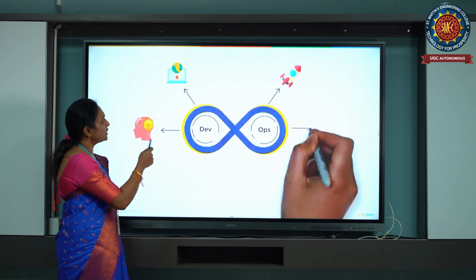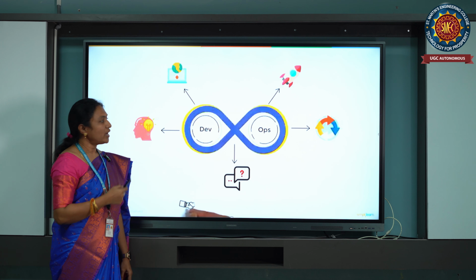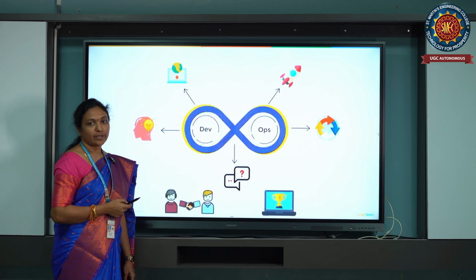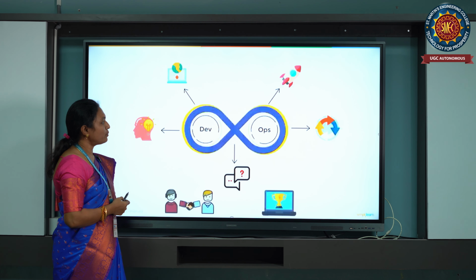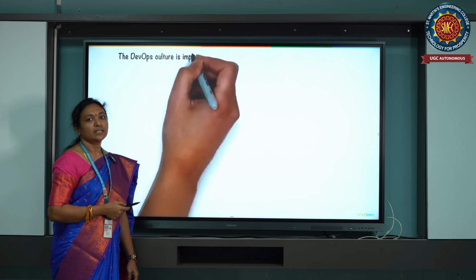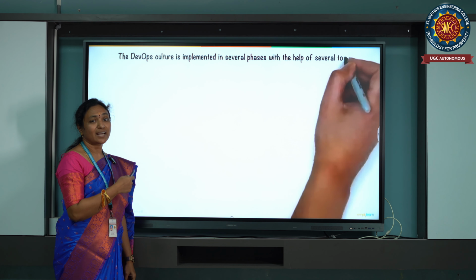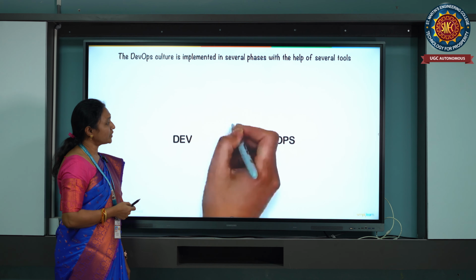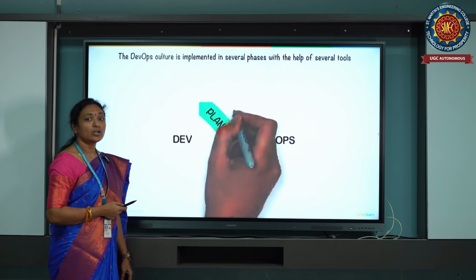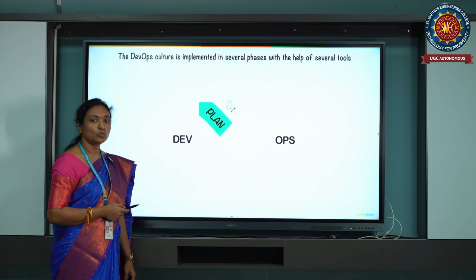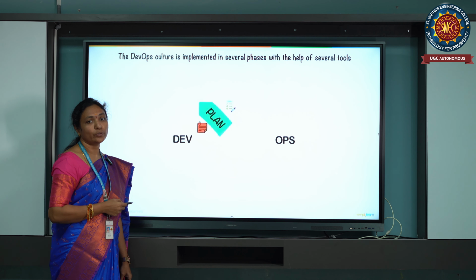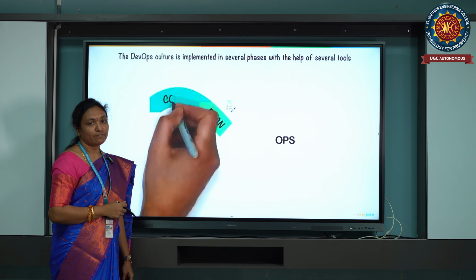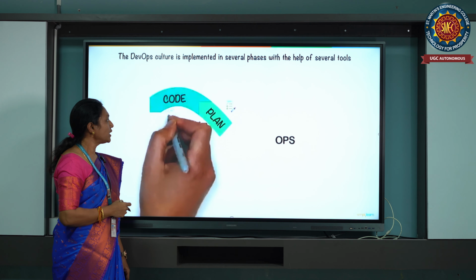Those disadvantages are overcome here, and by using DevOps, we are saving time in the development process. After that, customer satisfaction increases, and also we are using automatic tools, so those automatic tools will help to speed up the development process.